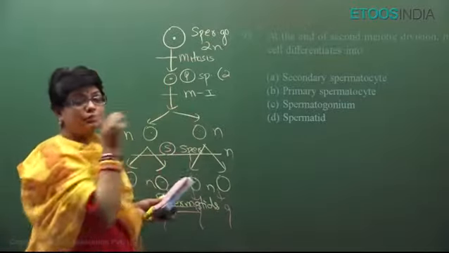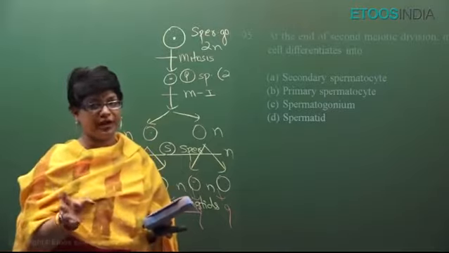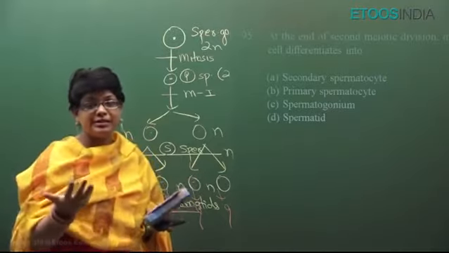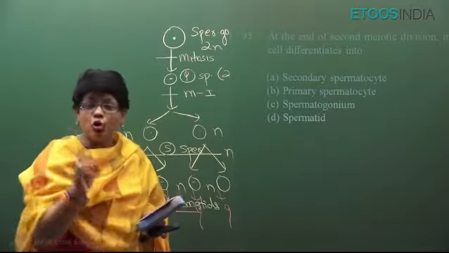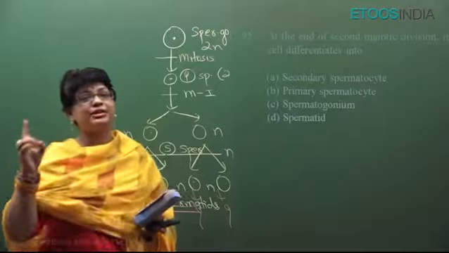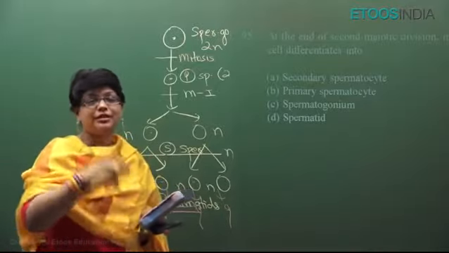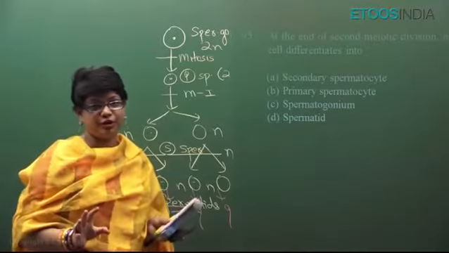But in them, the primary oocyte is arrested in diplotene stage of prophase 1 of meiosis 1. And secondary oocyte, when released from Graafian follicle, is arrested in metaphase 2. It is only when fertilization happens, when sperm enters into the ooplasm, that second meiosis gets completed and ovum is formed. So these are very, very important points.